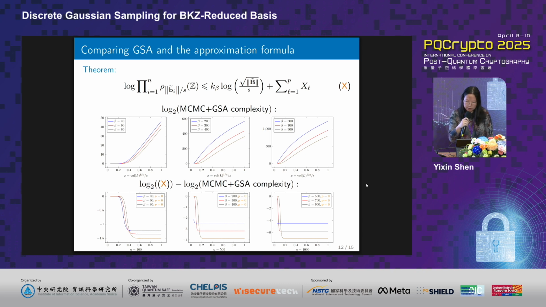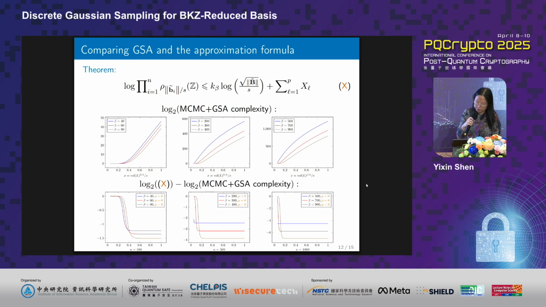On the top here, I draw the complexity of the sampler under the GSA assumption for different lattices of different dimensions and also with different block size. And then at the bottom, I draw the difference between the upper bound and the actual complexity. Here, I draw for p equals 0.